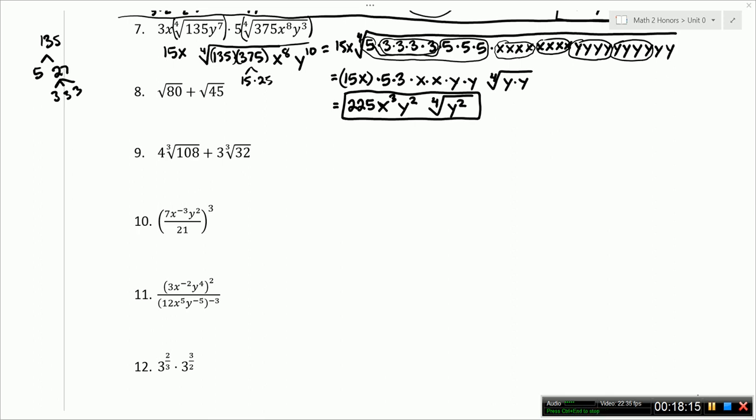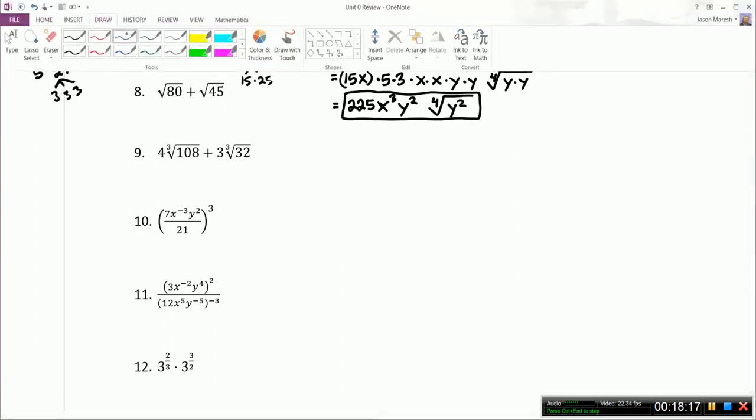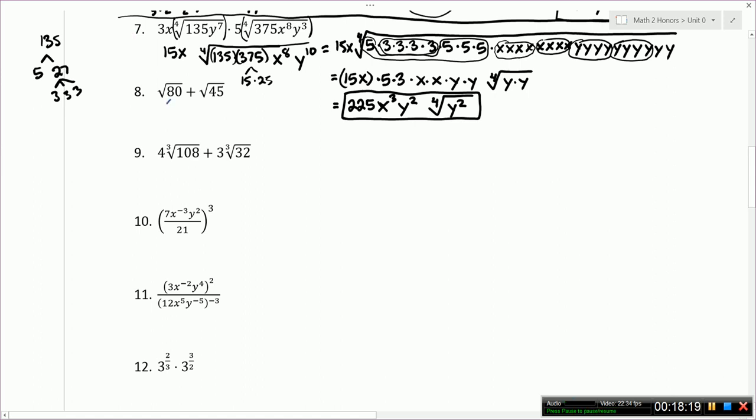So let's try to simplify them. 80 is 8 times 10. 8 is 2 times 2 times 2. And 10 is 2 times 5. With 45, we end up with 5 times 9. And 9 is 3 times 3.